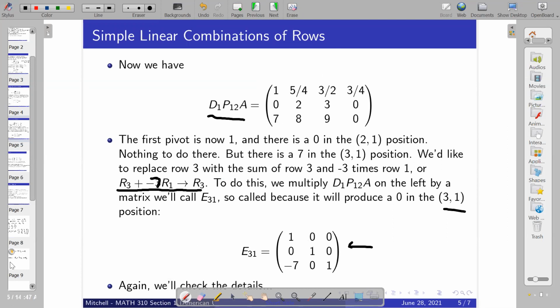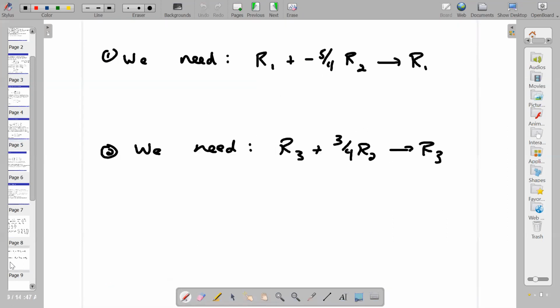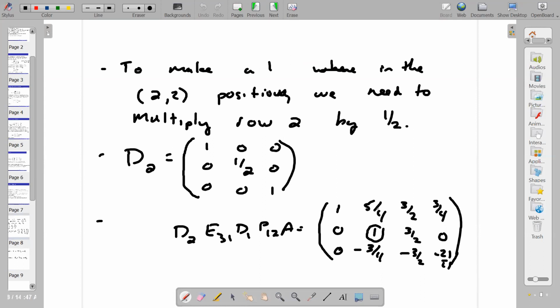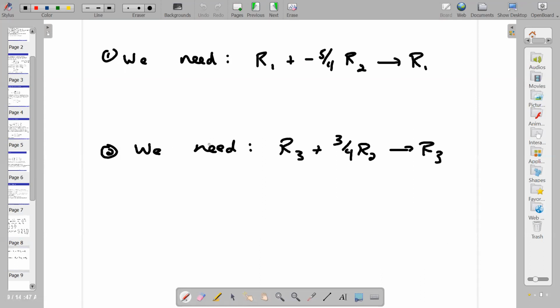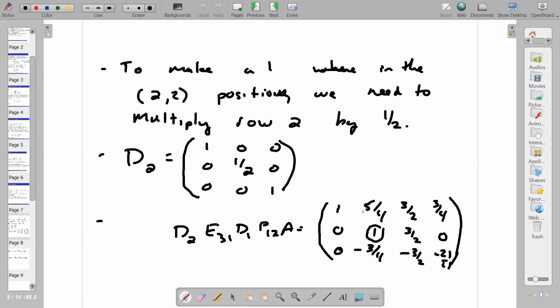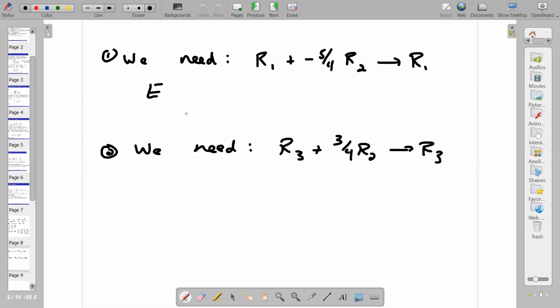And so my advice would be to try to play the same game. So if you're trying to eliminate the 5/4, it might make sense to think about an elementary matrix. And I probably should encode it. What position am I really trying to eliminate? I'm trying to produce a 0 in the 1, 2 spot. So maybe we could write that down as E12.